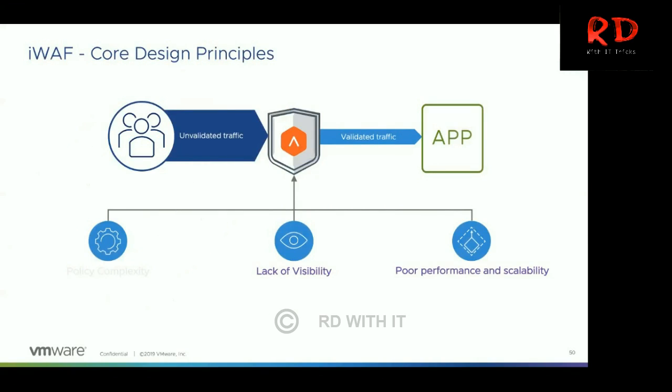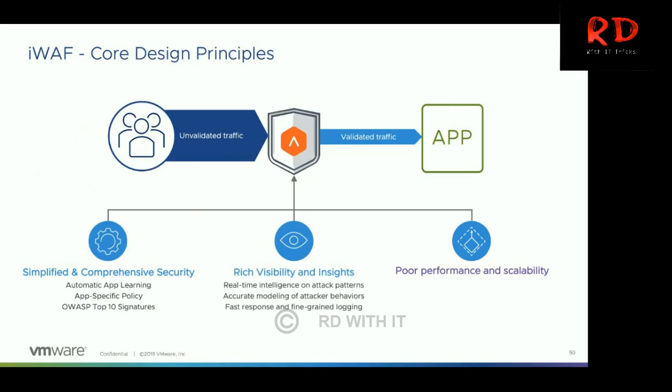Essentially how we solve that is that we're able to automatically learn the traffic flow of your application and whitelist it. If you've got an application in your environment, we can put it in a learning mode, learn the expected traffic, and block everything else. And this takes very little resources on the platform. On top of that, we're able to get deep visibility into what's going on and fine-grained logging, which is not possible on a physical appliance because they have performance constraints.